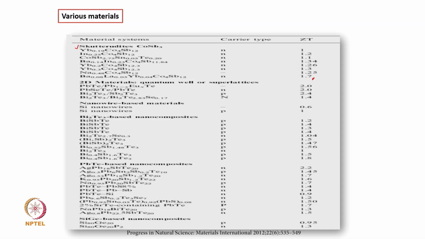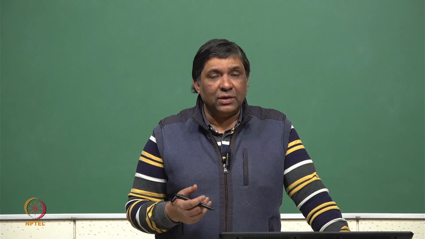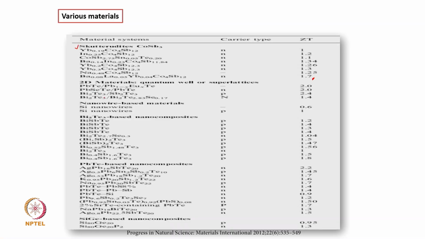Okay. Now, come to two-dimensional material. There are various two-dimensional materials, and these are basically based on the conventional materials, like PbTe is one conventional material, and then you have a two-dimensional PbTe structure with Pb(1-x) Eu(x) Te.